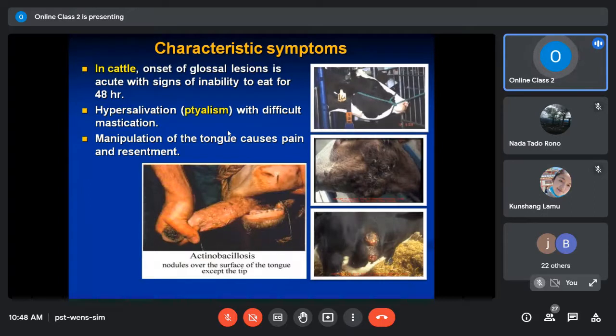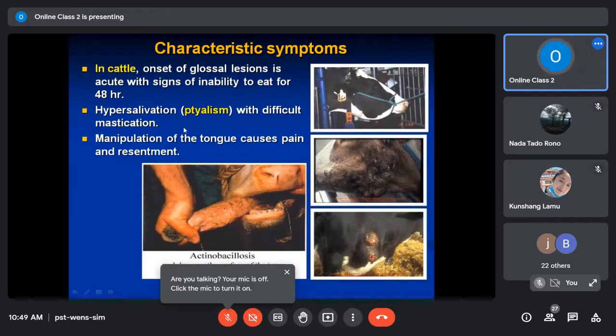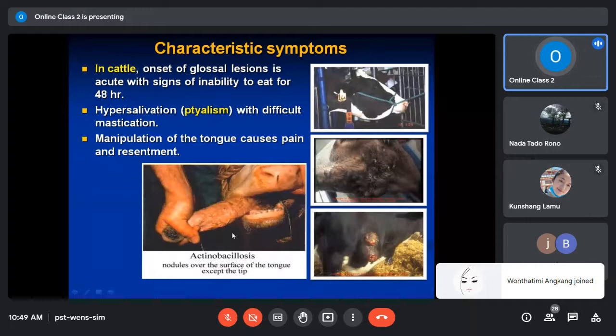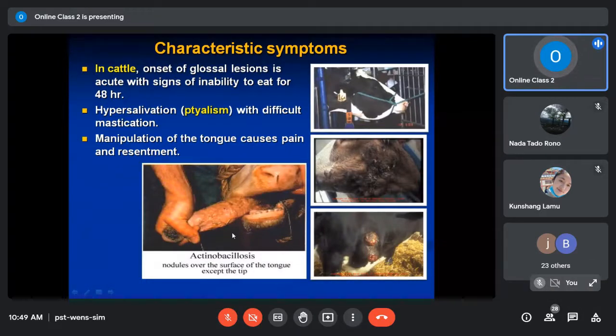In cattle, the target organ is the tongue. When you examine the tongue, it is very much enlarged, firm and hard, showing a wooden nature, very hard and firm and swollen.